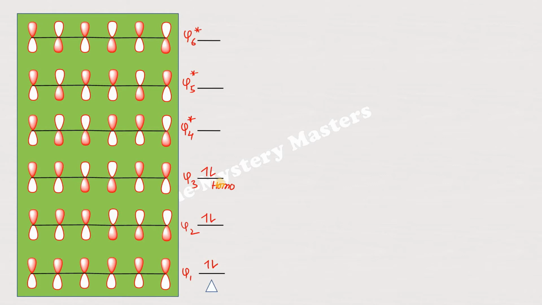Now we will see how the acyclic 1,3,5 hexatriene molecule changes into the cyclic structure, that is, the cyclohexadiene molecule. This is the first case, when in thermal condition the 1,3,5 hexatriene molecule is undergoing cyclization.